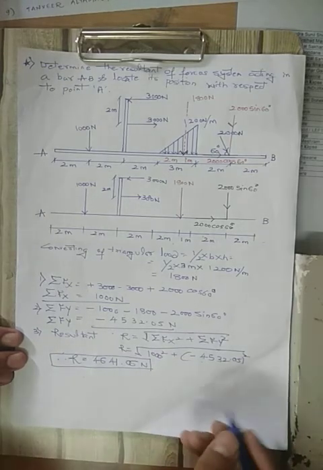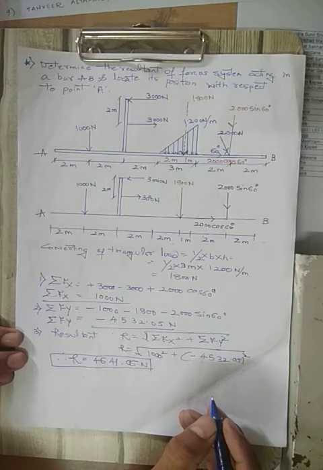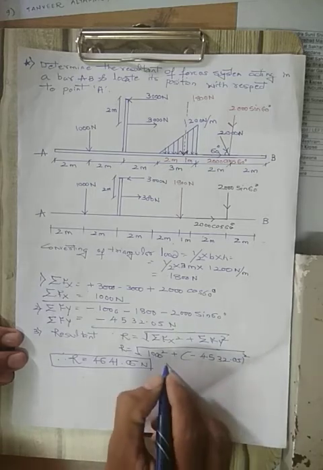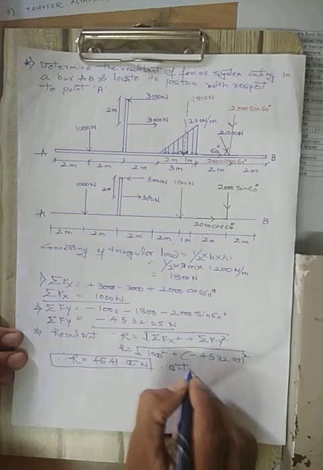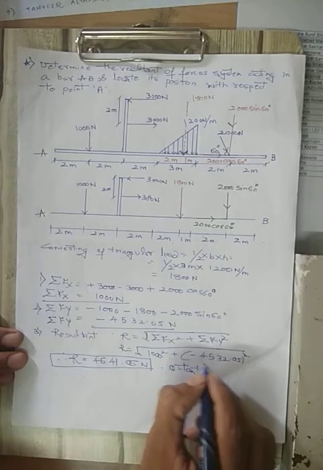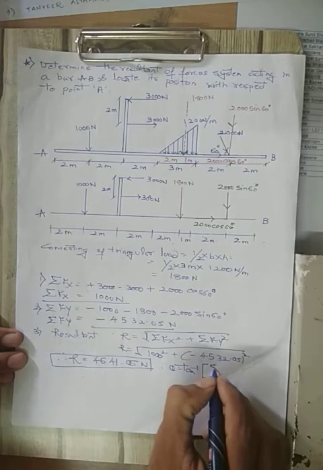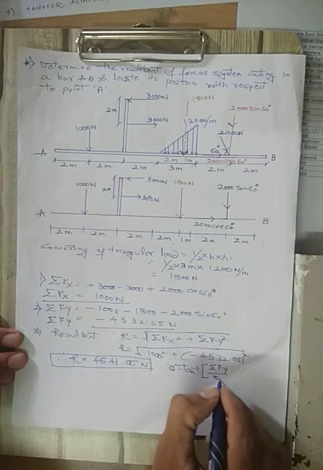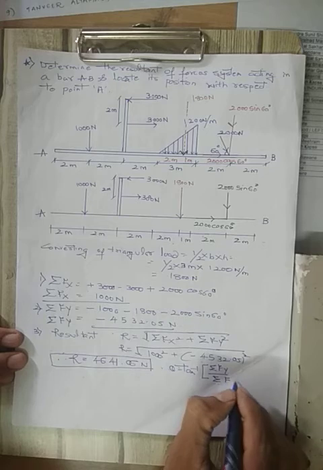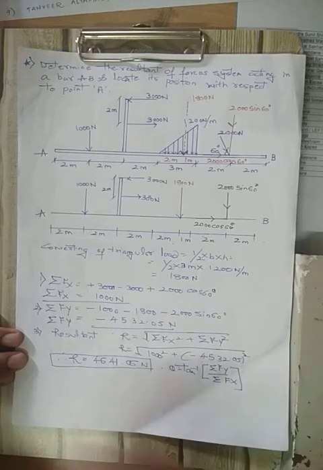Okay, then we have to find out the angle made by the resultant. How to find out the angle made by the resultant? Theta is equal to tan inverse of summation of Fy by summation of Fx.